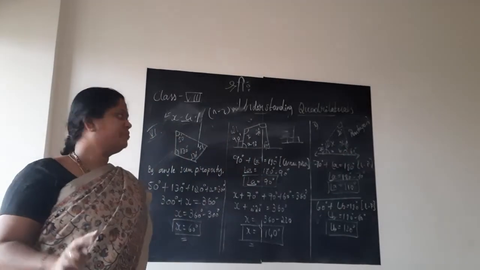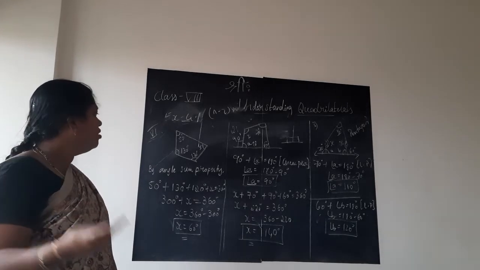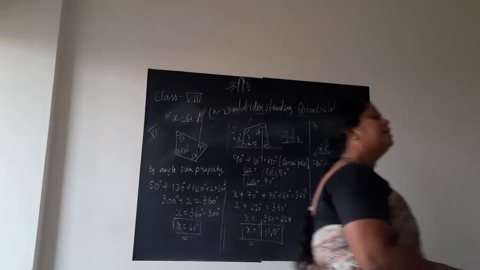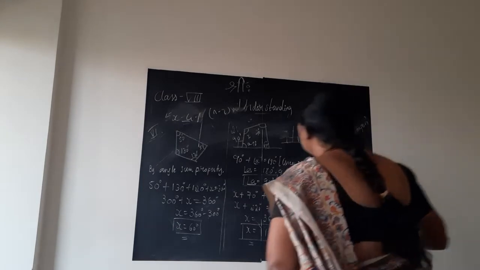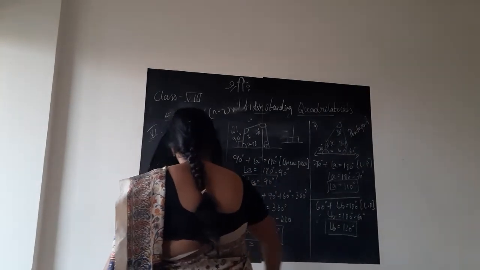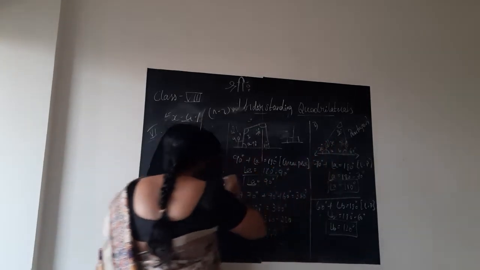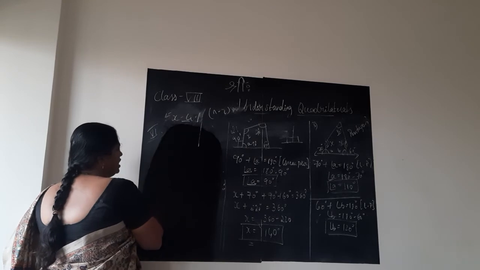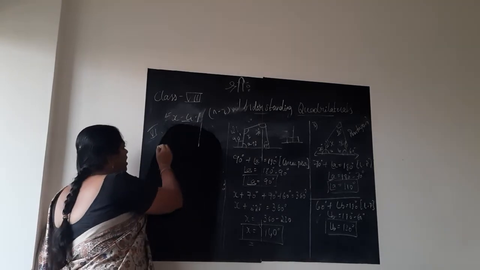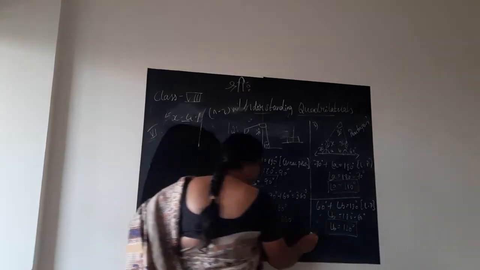Now totally we have 3 known angles and 2 unknown angles. Still we can find the other 2 angles. How? Let me do it here. Now look. Since they have given 2 pairs of angles are equal, we are on the safer side. Since it is a pentagon, now you may get a doubt.